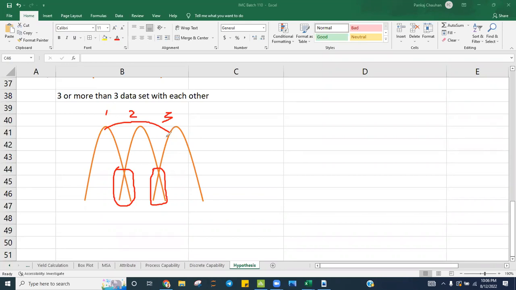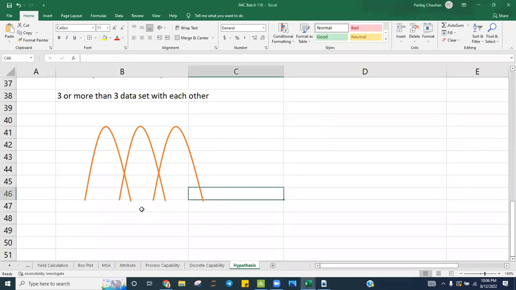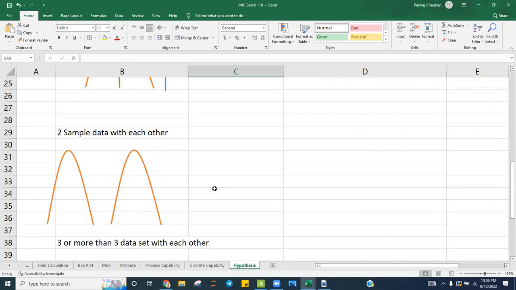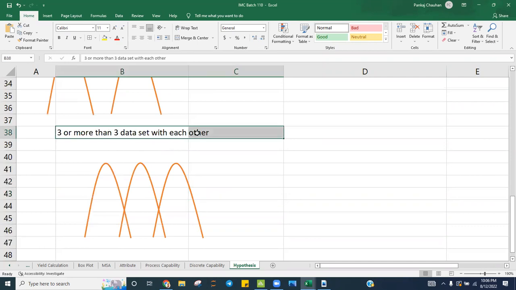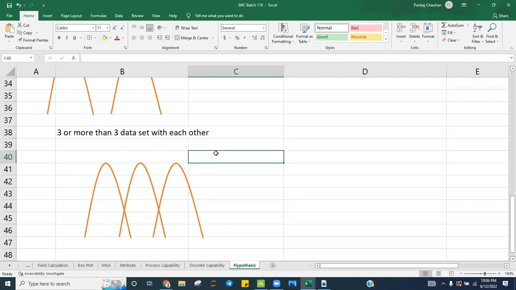So in this case, 3 is different from 1. So that's how in this case it will be your alternate hypothesis and the p-value will be less than 0.05. But that was not mentioned earlier. I mentioned 3 or more than 3 samples. If they are the same, they will be overlapping. If they are different, then they are not overlapping.